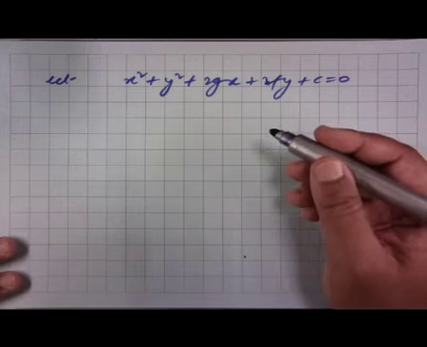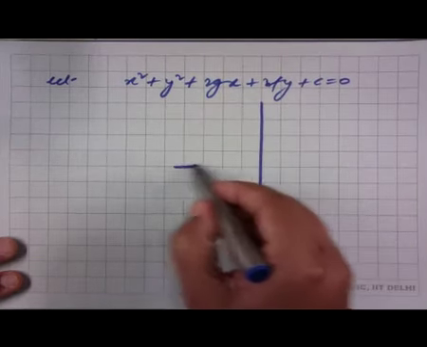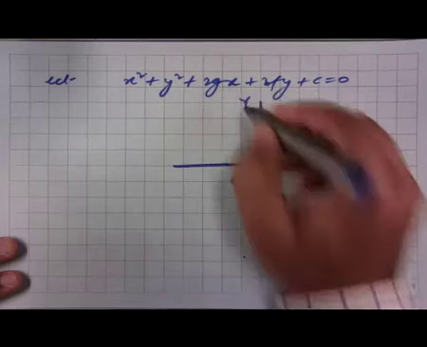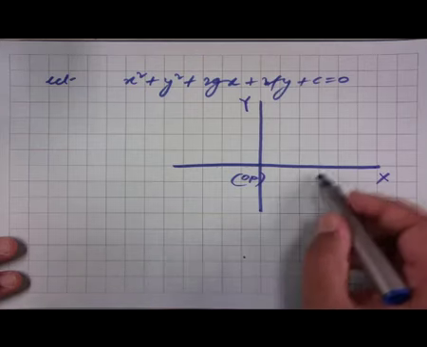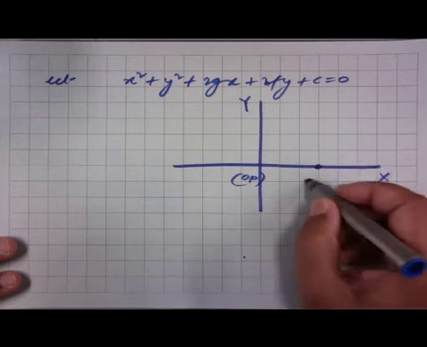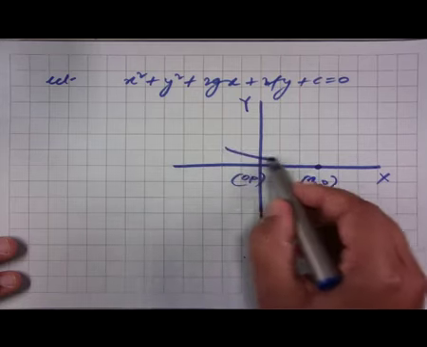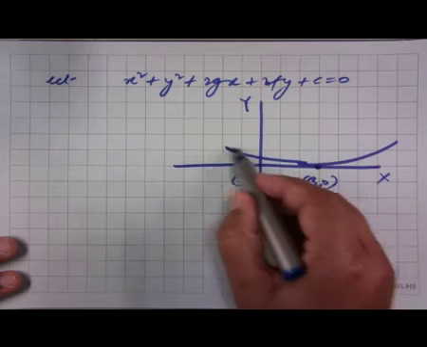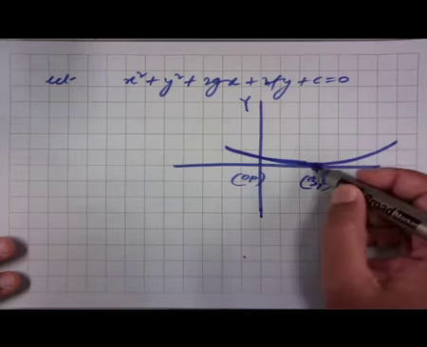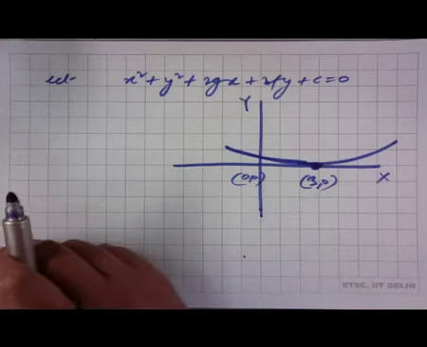By touches we mean that if this is the origin, this is the x and this is the y axis, the circle touches the x axis at a point which is 3 units from the origin. So, this is the circle and it touches the x axis at exactly one point which is 3 comma 0. So, this is one possible case.